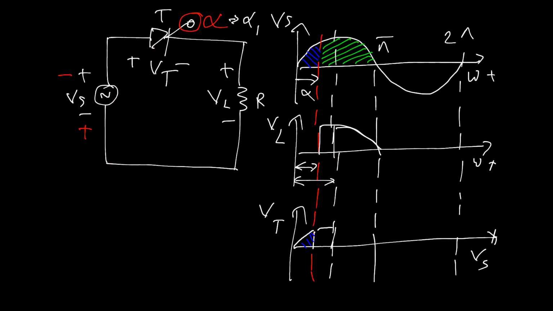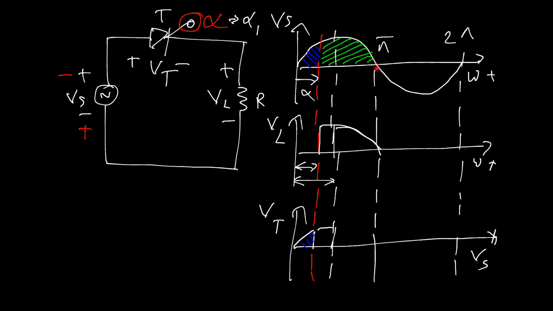That means current tries to flow from cathode to gate. As we know, the sine wave starts from 0 with a very low magnitude, then increases and reaches its maximum or peak value at 90 degrees. The same thing happens in the next, negative half cycle.